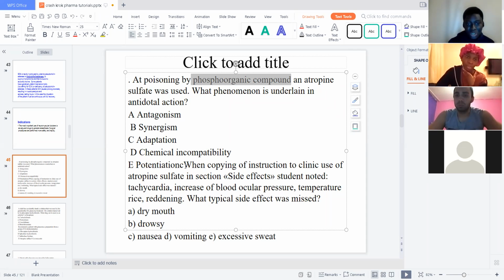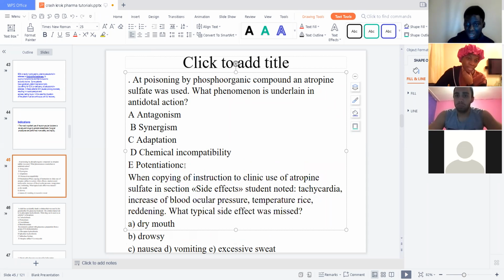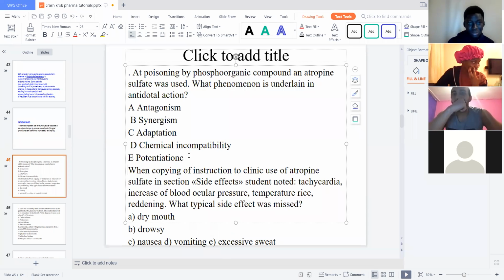Okay, next question. When copying the instruction to the clinic user, atropine sulfate in section side effects, a student noted tachycardia, increase of the blood and ocular pressure, temperature rise, and what typical side effect was missed?